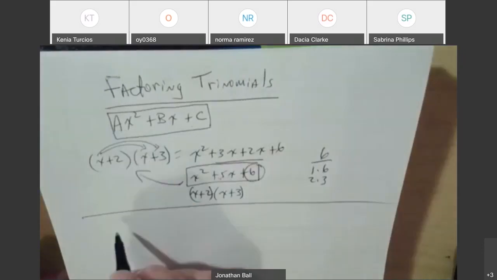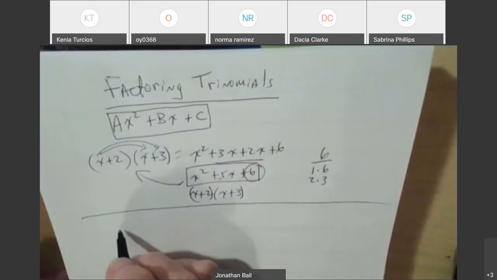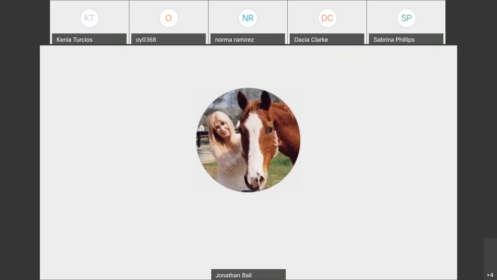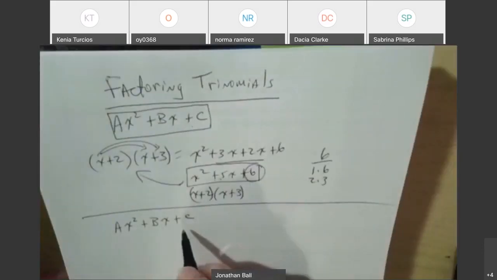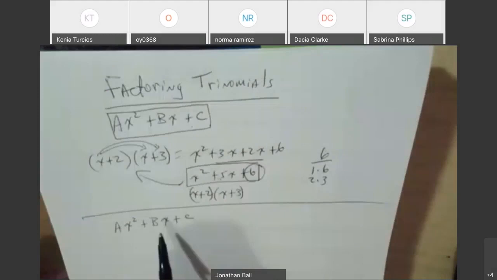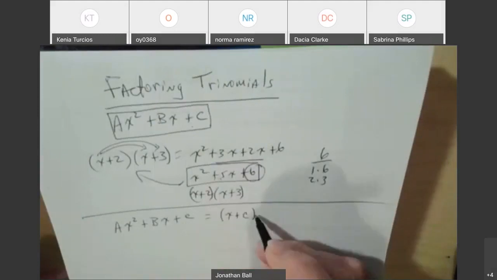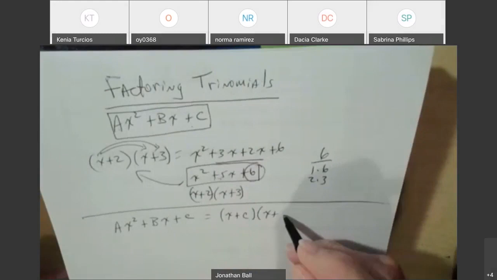So if we have ax squared plus bx plus c, everything in here is positive, so our factors will be x plus some constant and x plus some constant. Everything in here is positive, so the 2 factors will both be positive.